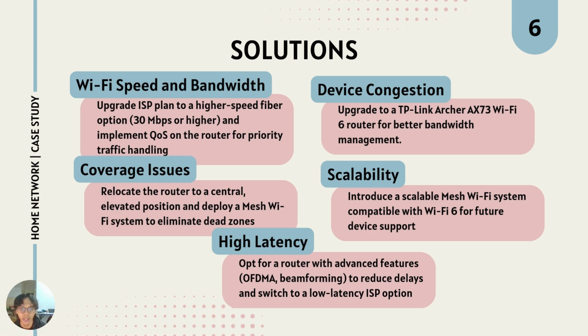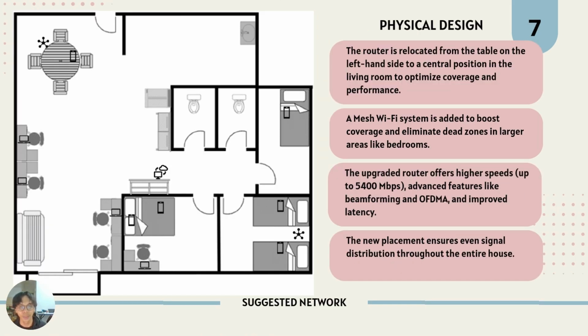And to solve the high latency problem, we have to opt for a router with advanced features like OFDMA and beamforming to reduce delays, and switch to a low latency ISP option. So we go to the next slide.